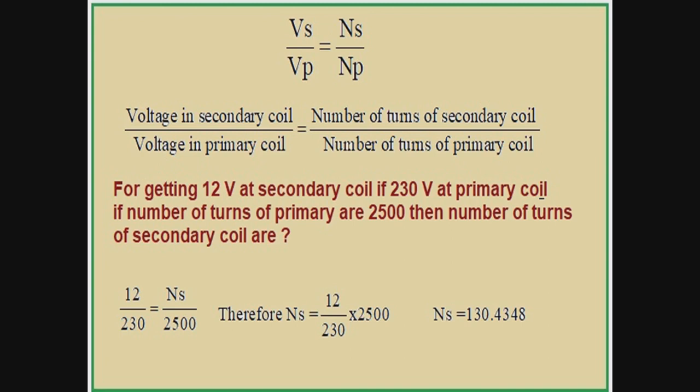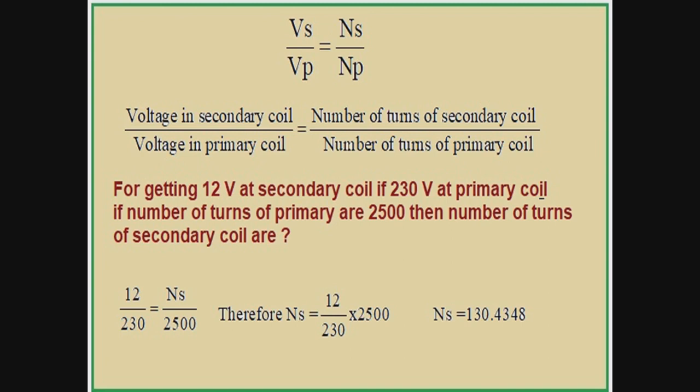But at the output, whatever the input is, it remains the same. If the input is AC, the output will be AC. It will only be lowered or increased, but it remains as it is.